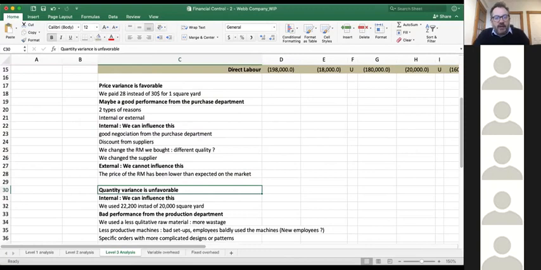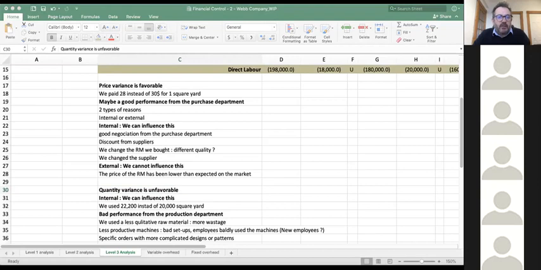Then we finish with the other variances. So maybe we need 45 minutes, hopefully, to finish everything tomorrow. Then I guess we need one hour. So I present you the balanced scorecard, the last chapter. And so we would have maybe 45 minutes to 1 hour left.